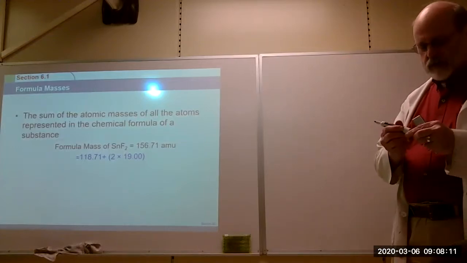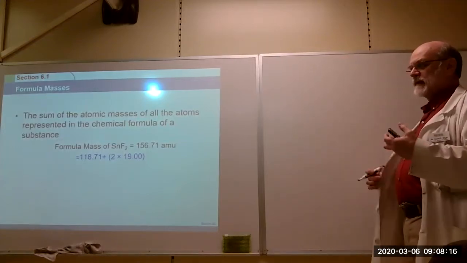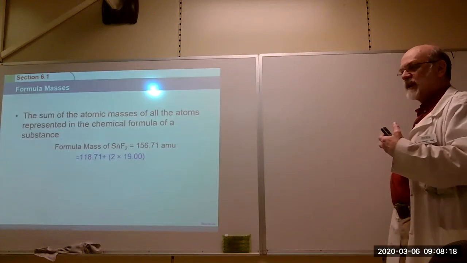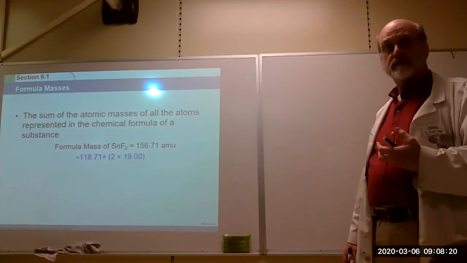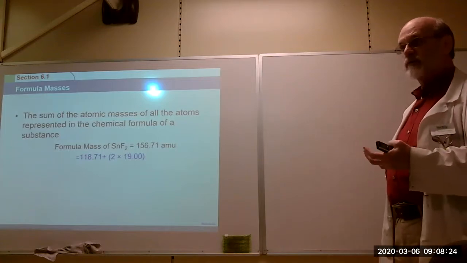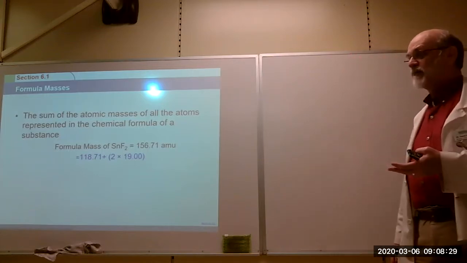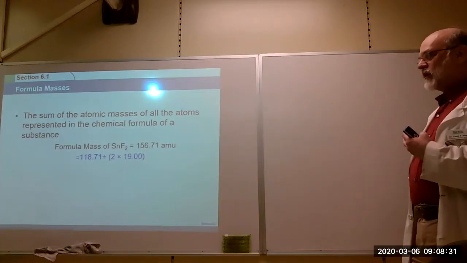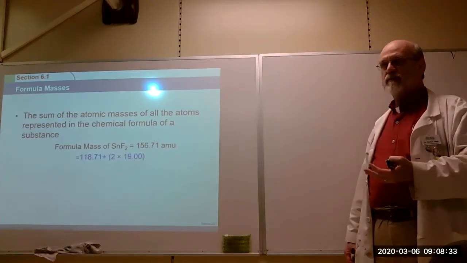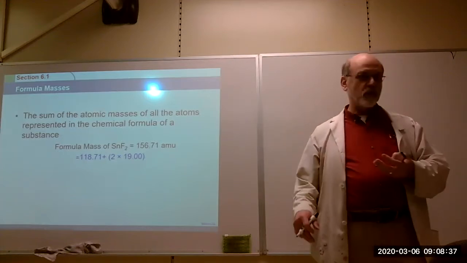First thing we need to do is develop a skill for calculating the formula mass for a compound. Right? Once you've learned how to write compounds, and we've gone through that before, type 1, type 2, type 3. Once you know how to write the compound, then it's important to know how much that compound weighs. And you can express it in one of two different ways.